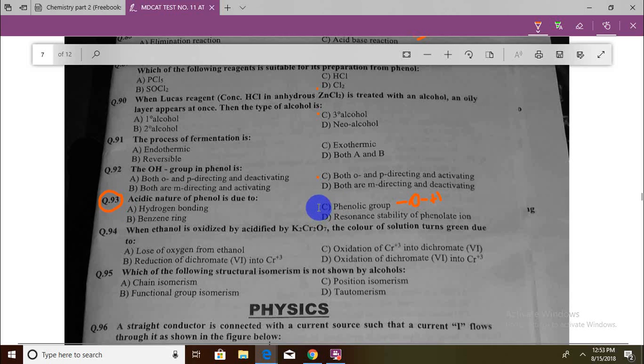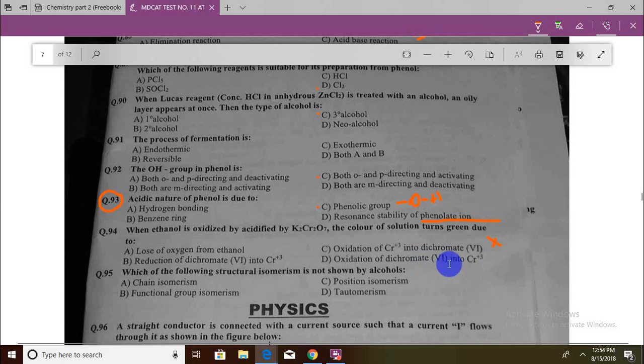These are unfamiliar terms. When ethanol is oxidized by acidified K2Cr2O7, the color of the solution turns green due to what? It's because K2Cr2O7 has been reduced because it has successfully oxidized ethanol. And what is the reason? The oxidation of Cr3+ into dichromate? No. The oxidation of dichromate?